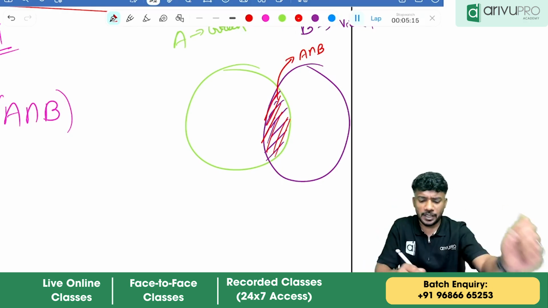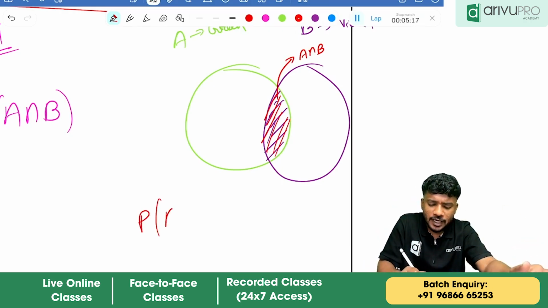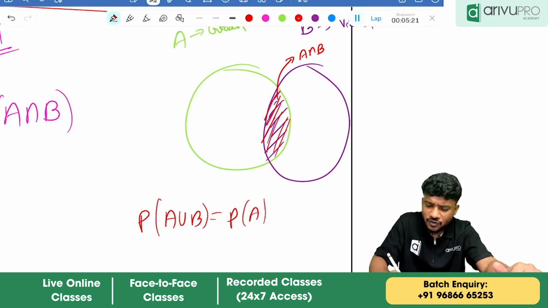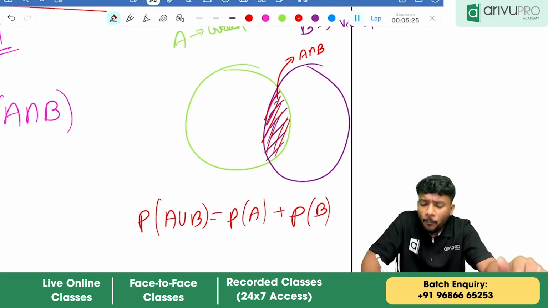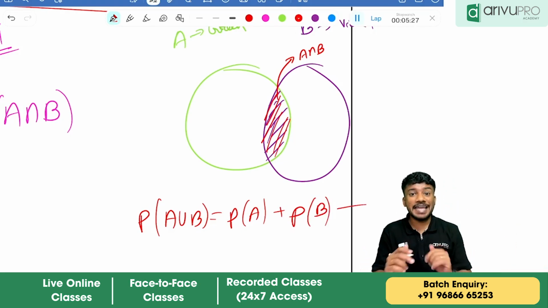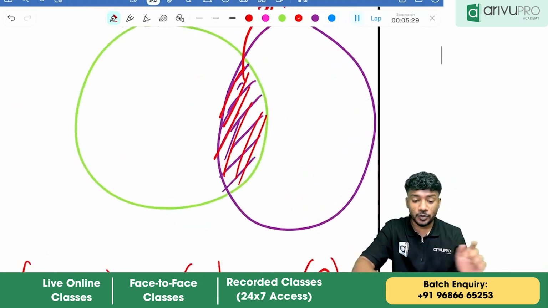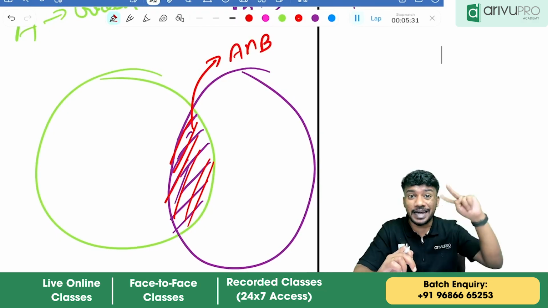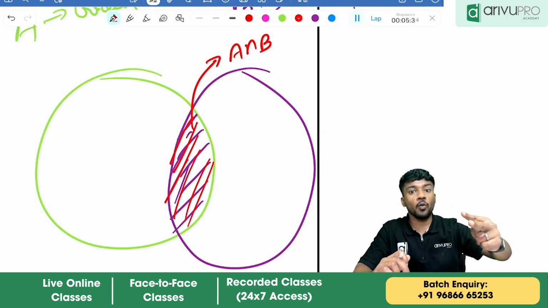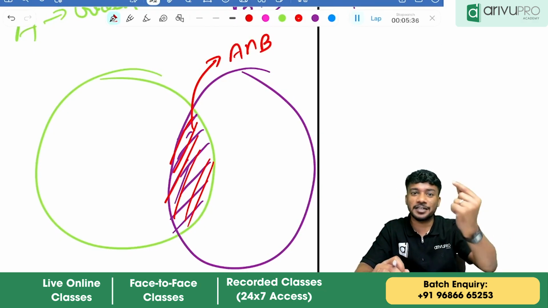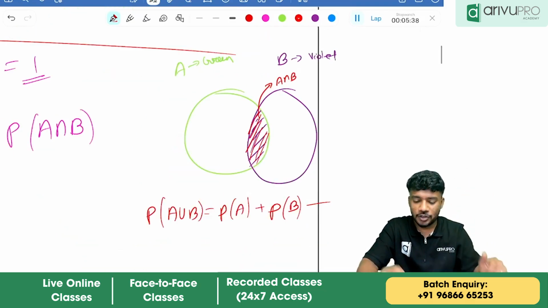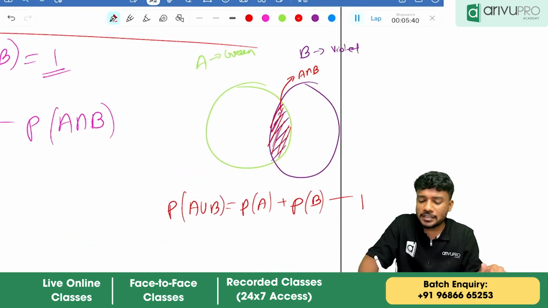Now, the total probability of A union B is nothing but P of A, I am adding the first circle plus I am adding the second circle, minus. People, I added these circles 2 times so that the A intersection value gets added 2 times. I don't want it added 2 times. I need to reduce that 1 extra. So I'll reduce it with minus P of A intersection B.